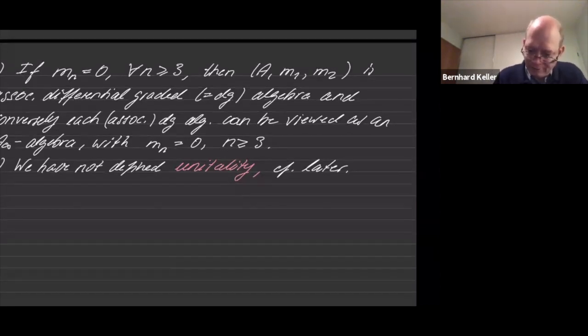And now some examples from Hochschild. How do we get examples with Mn which are non-trivial even for higher n? Well, we get them easily from Hochschild cohomology.